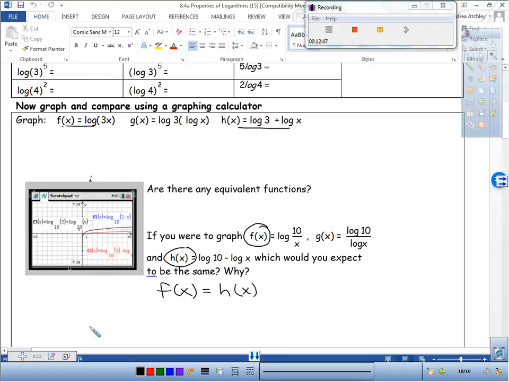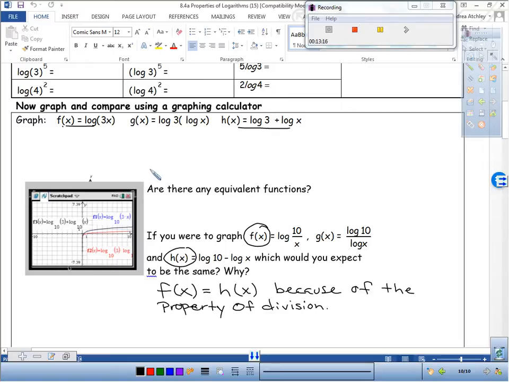They're equivalent equations. The property of division. Any questions over that?